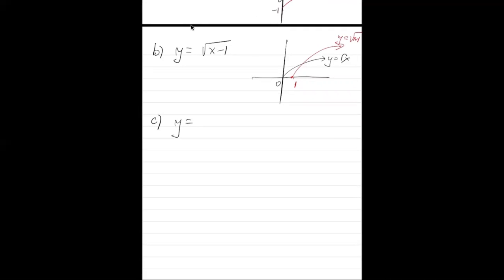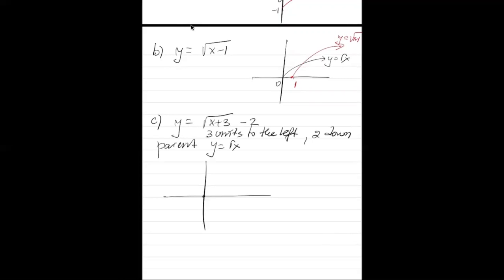Y equals square root of x plus 3 minus 2. The parent function is still square root of x. The transformation we need to do is 3 units to the left and 2 down. So we start with our parent function.